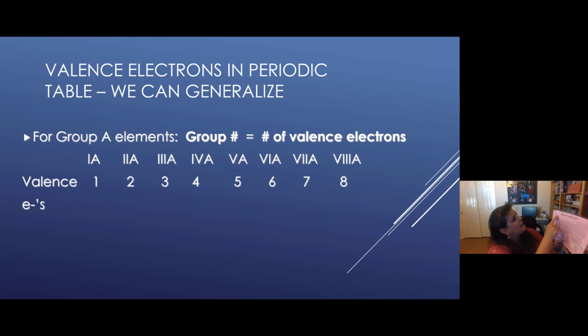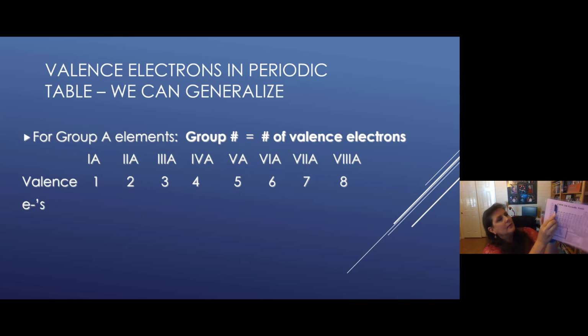For example, if you were in column 1A, that's hydrogen on down, the first column, you have 1 valence electron because they all end s1. 1s1, 2s1, 3s1, 4s1, 5s1, 6s1, 7s1. They're all s1s. So 1 valence electron.